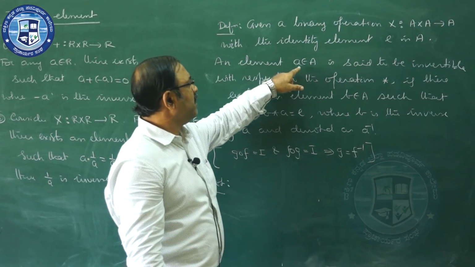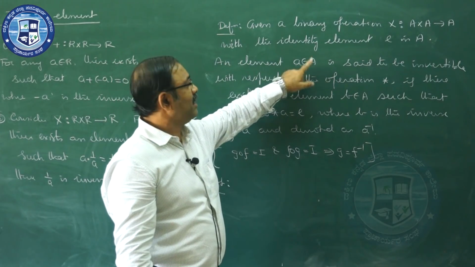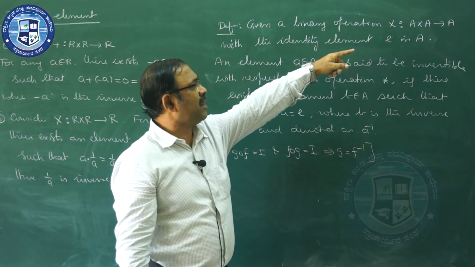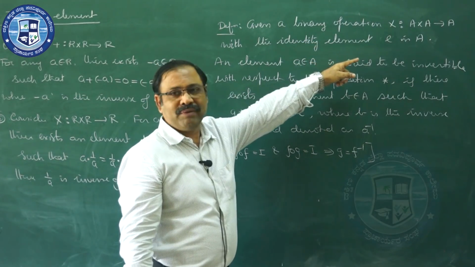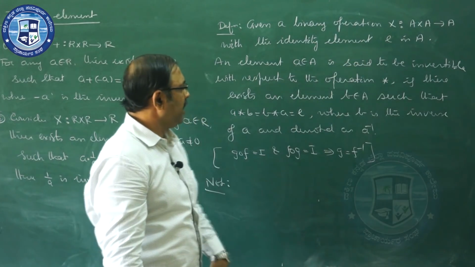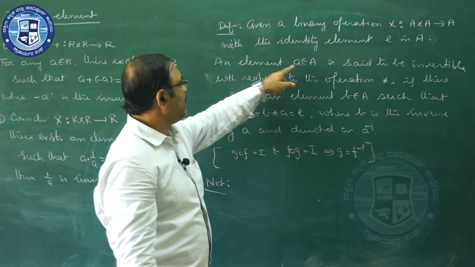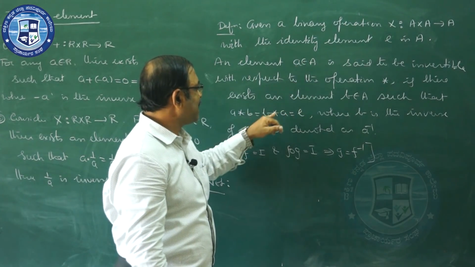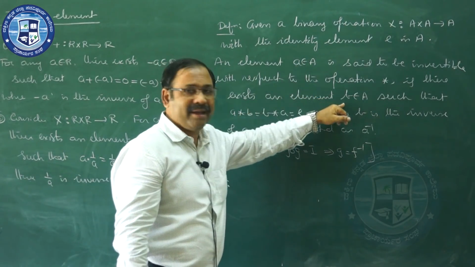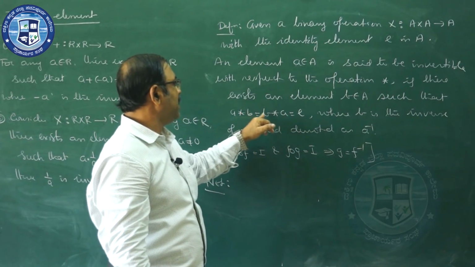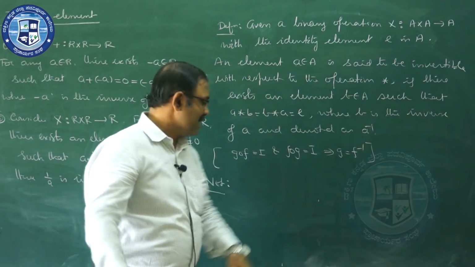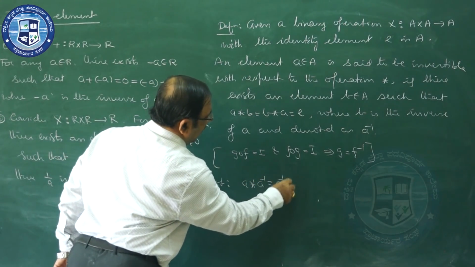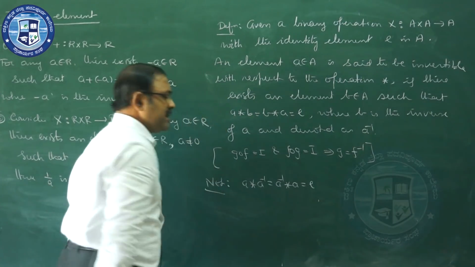Just remember this. For the general operation star defined from A cross A to A with an identity element e in A, an element a belongs to A is said to have an inverse if there exists an element b in A such that a star b equals b star a equals e.